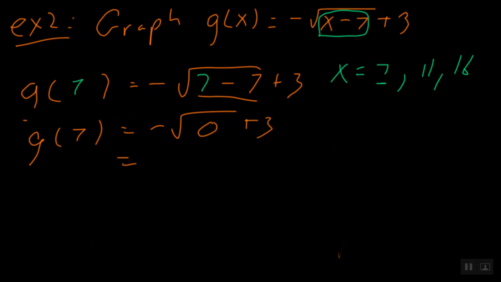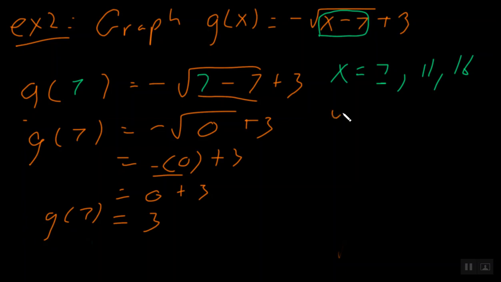The square root of 0 is 0, a negative 0 is still 0, and 0 plus 3 is 3. At the very end, g of 7 is equal to 3. So my very first output is 3.